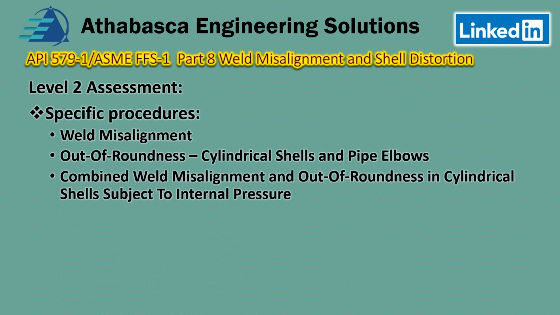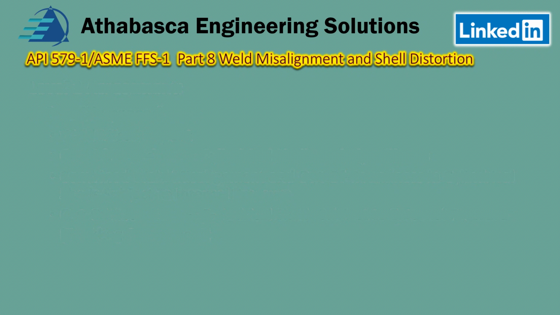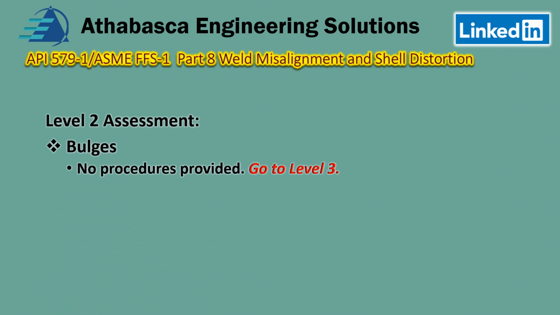There you can use combined misalignment and out of roundness of cylindrical shells subject to internal pressure. You can also use out of roundness for shells subject to external pressure, which is considered to be a buckling assessment. For bulges, there are no procedures provided, so for those kinds of assessments you need to do a more detailed Level 3 assessment.